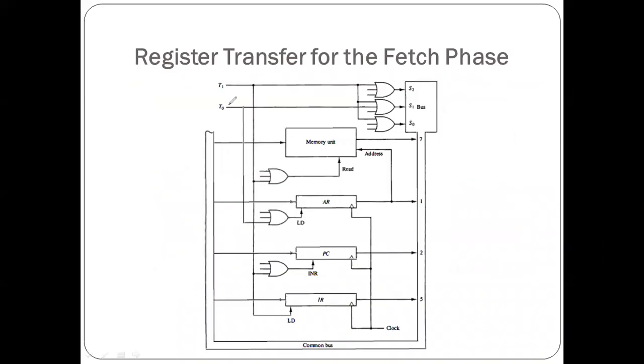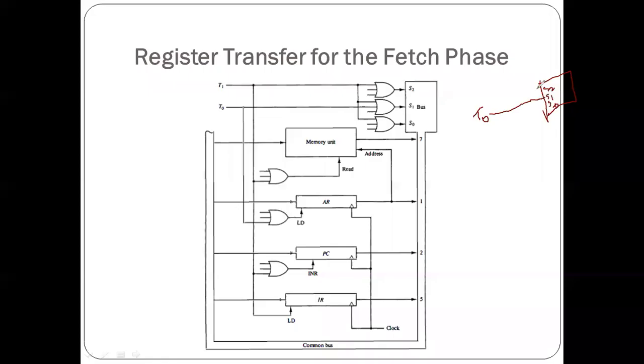See, with T0, initially at T0, you have to select the bus S2, S1, S0 as 0, 1, 0, right? So during T0, S1 will be 1.